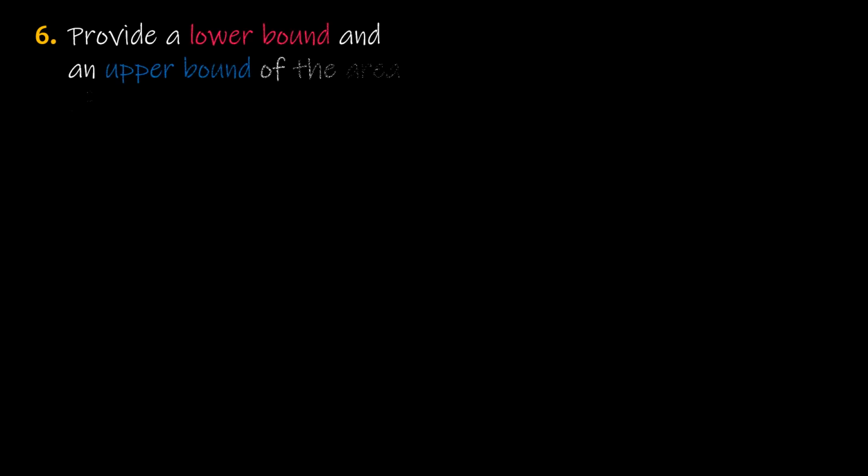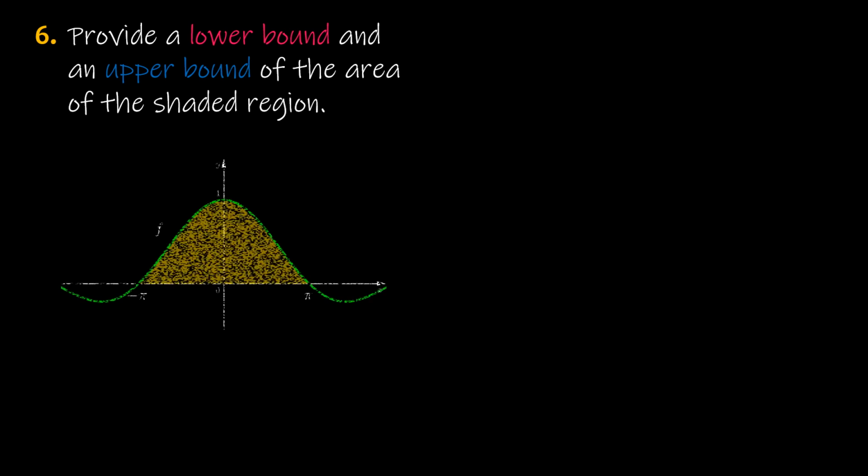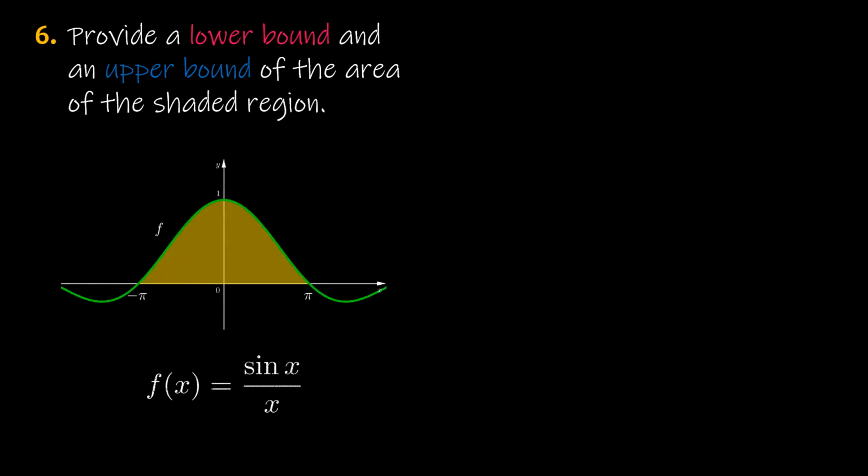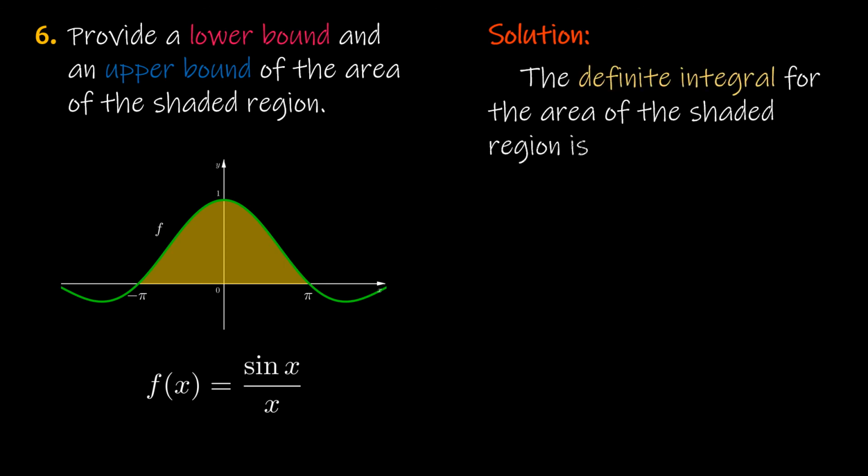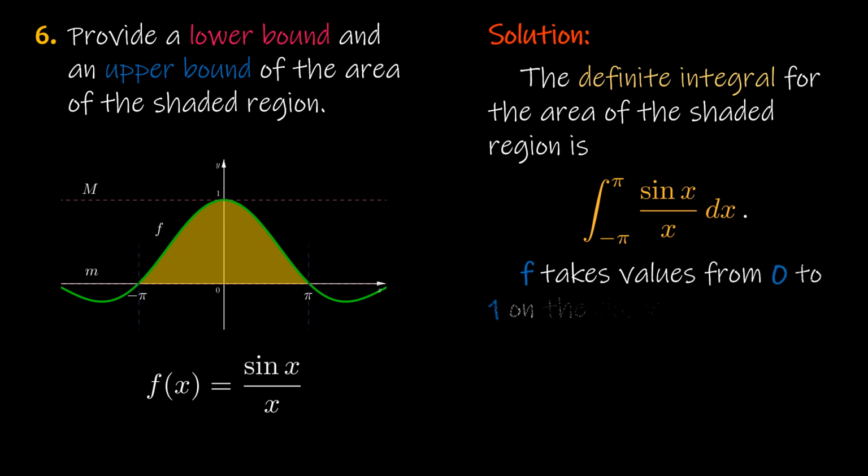Provide a lower bound and an upper bound of the area of the shaded region. Solution. The definite integral for the area of the shaded region is the integral of the sine of x all over x dx, from -pi to pi. From the graph, f takes values from 0 to 1 on the closed interval, -pi, pi.